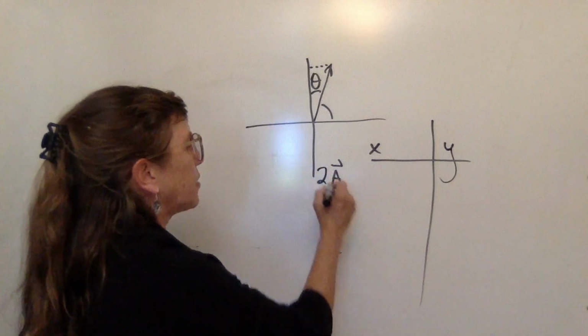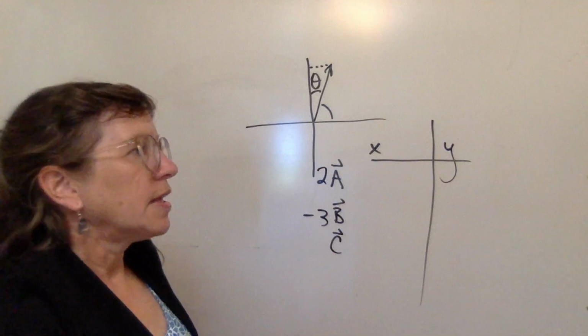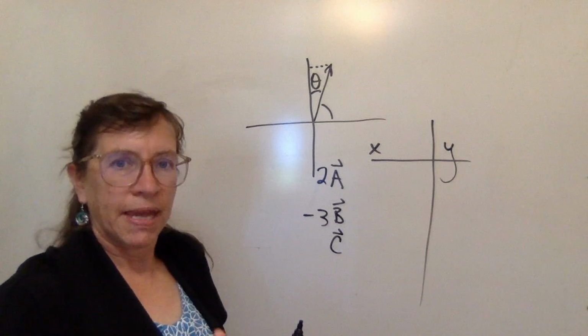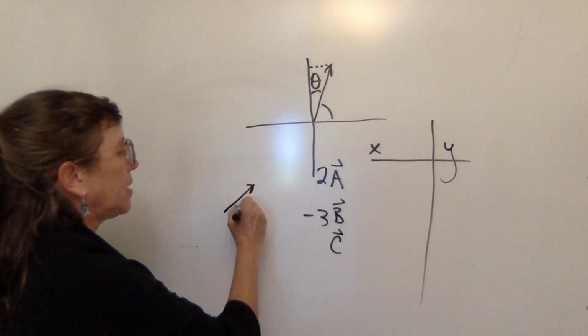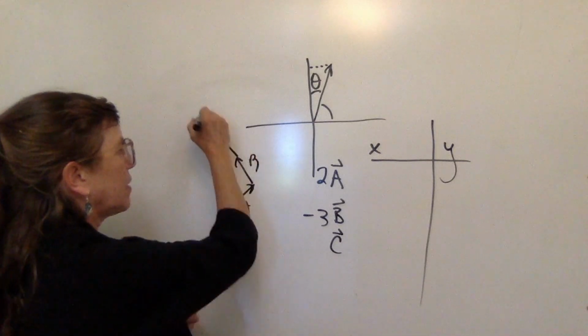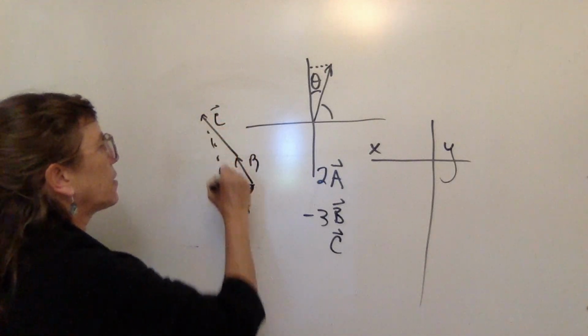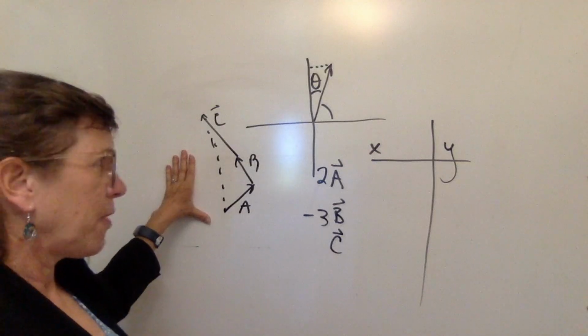I may have you do something like 2a minus 3b and add these things together. On the vector math problem, I am going to have you draw a picture of adding the vectors. That's where you do the tip to tail, a, or whatever it happens to be. You're going to need to draw a picture representing the vector math.